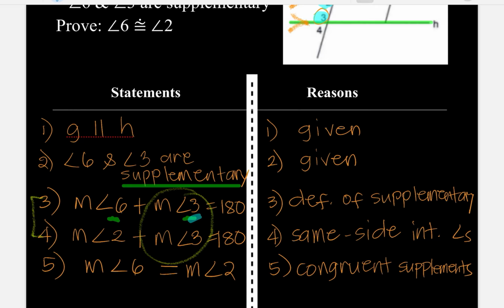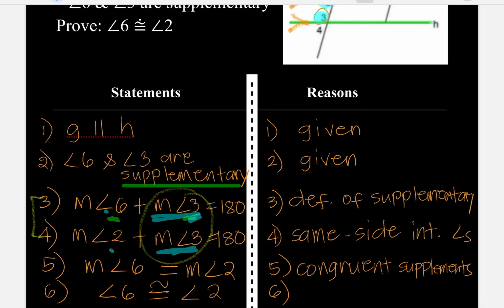So that would mean that we are able to find two common angles, and that is measure of angle 3 for each of the statements. And so therefore, we can then say that measure of angle 6 is equal to angle 2. That is congruent supplements. Now, from number 6, we can then say that angle 6 is congruent to angle 2.